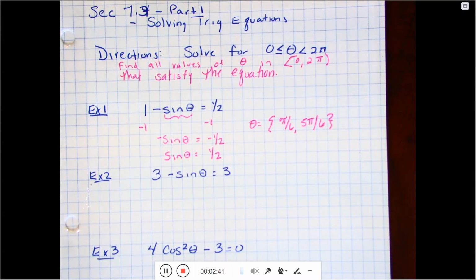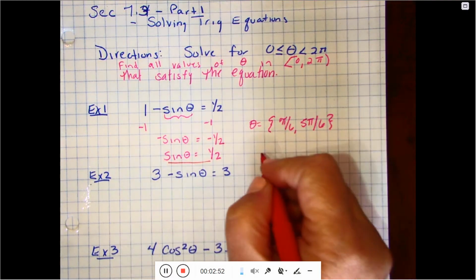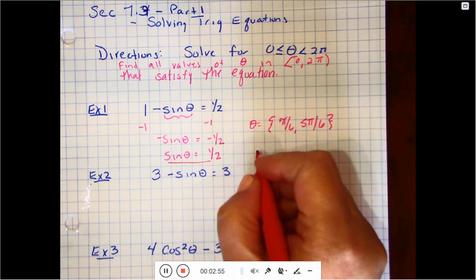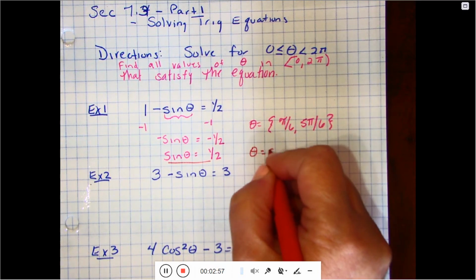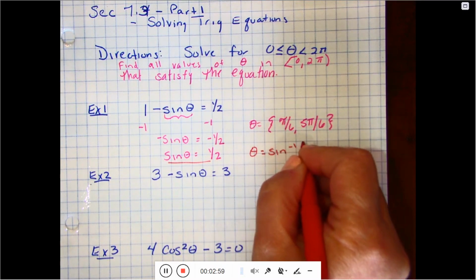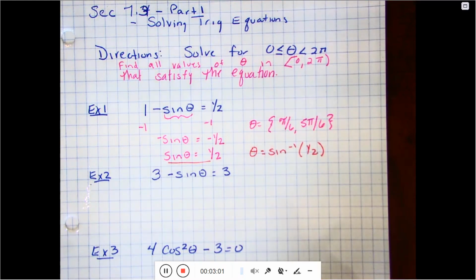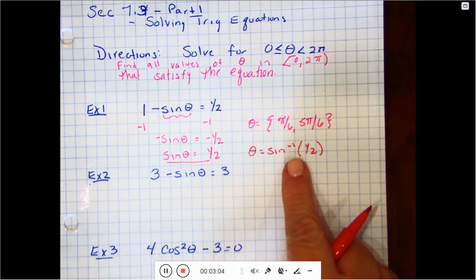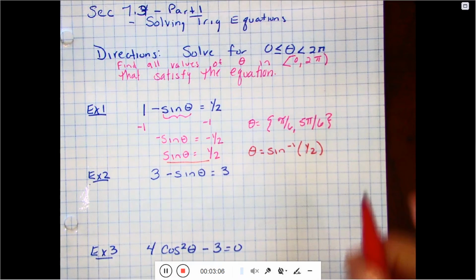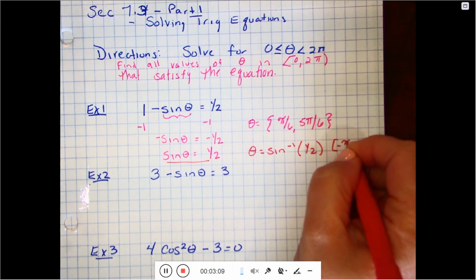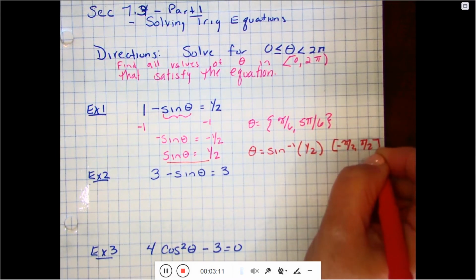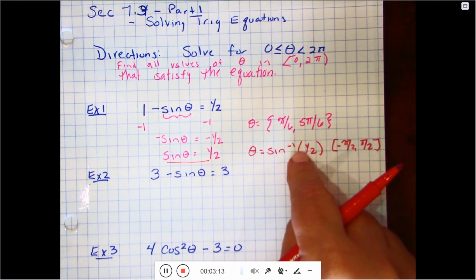Okay, now if you look at videos on the internet, you're going to see something like this. They're going to take this and they're going to sine inverse both sides of the equation. So it would read theta is the sine inverse of 1/2. I do not particularly like that notation because remember, sine inverse has a range of negative pi over 2 to pi over 2, and that's not what the directions are saying here.